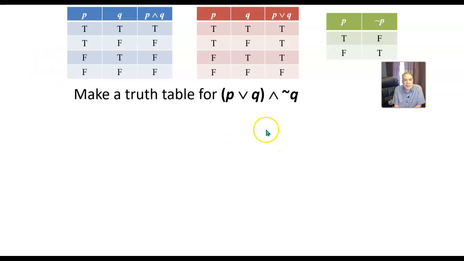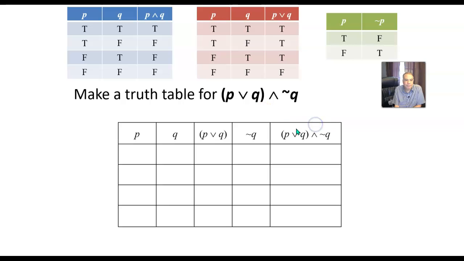Let's try another example. Let's make a truth table for (P or Q) and not Q. So we're going to look at P and Q individually. We're going to evaluate P or Q. We're going to evaluate not Q, and then we're going to AND those together. So here are the possibilities for P and Q individually.